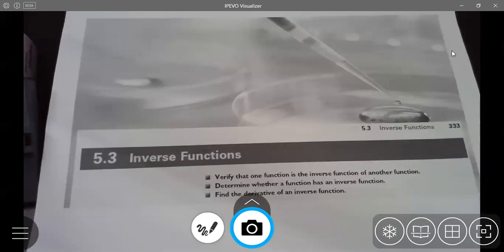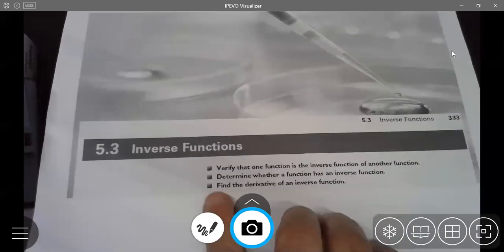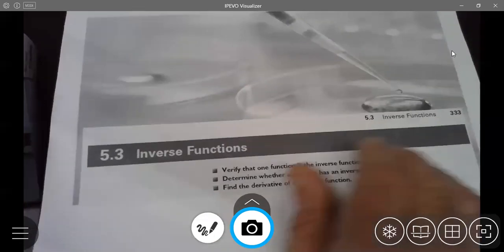Okay, here we have verify that one function is the inverse function of another, and determine whether a function has an inverse function. So these 2 objectives should be pretty much review. And then the last one, find the derivative of an inverse function. That should be new for you.